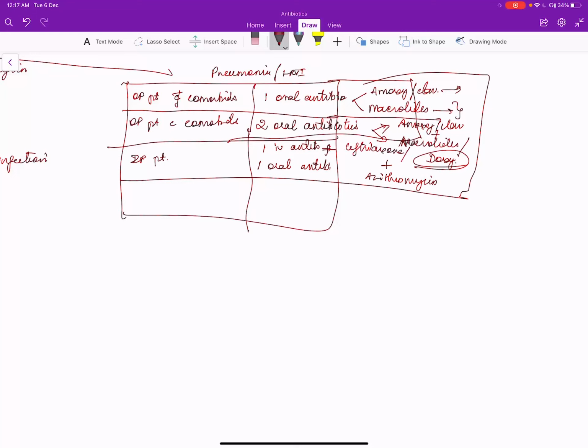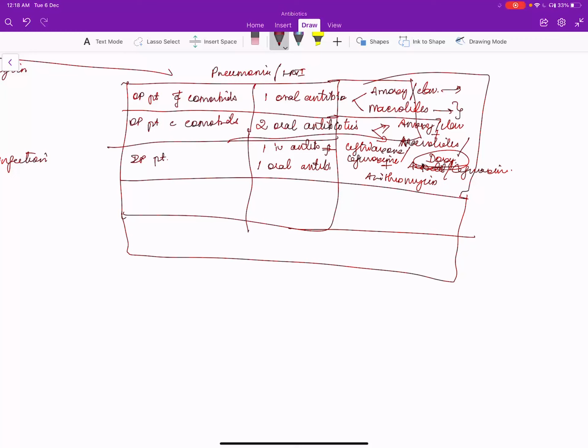Can you use cefuroxime? Yeah, correct. Second generation cephalosporin can be cefuroxime axetil or cefuroxime. Ceftriaxone plus azithromycin. In place of ceftriaxone, you can use cefuroxime also. Okay.